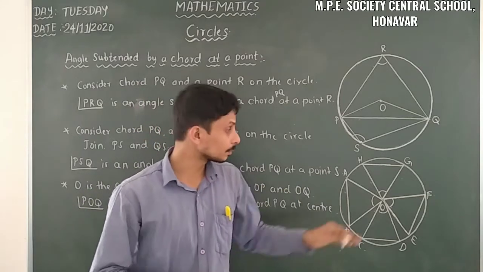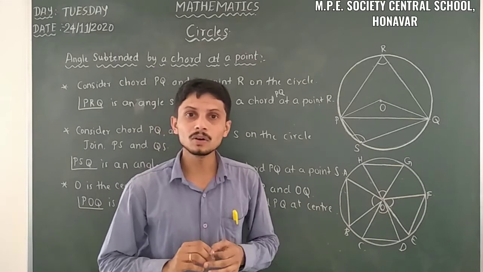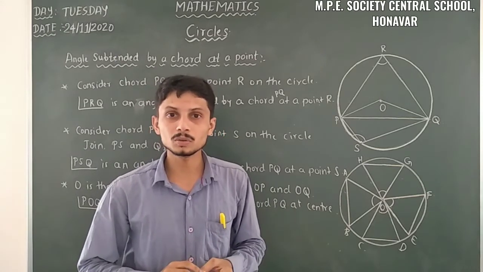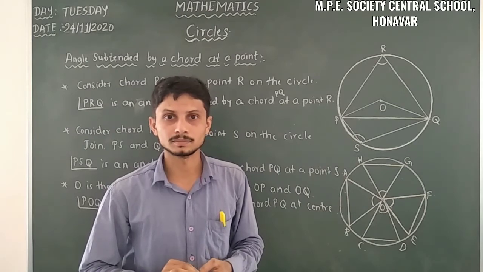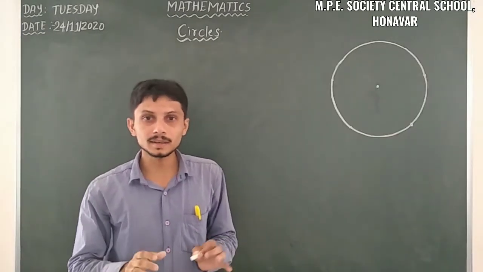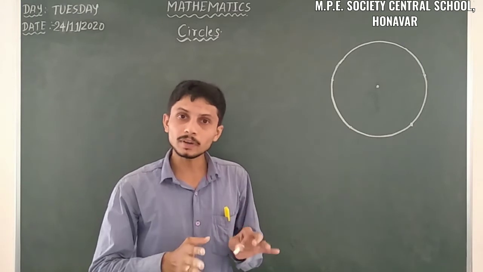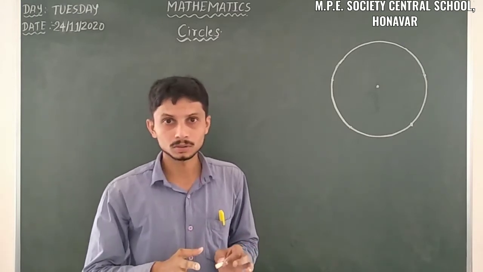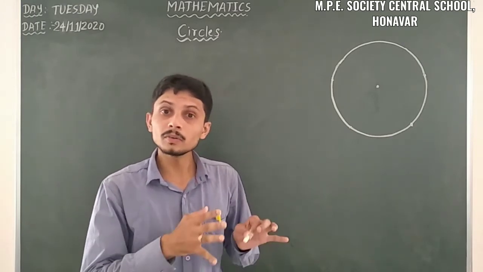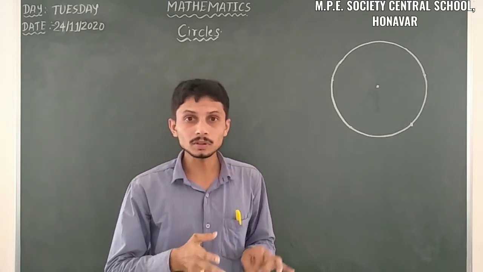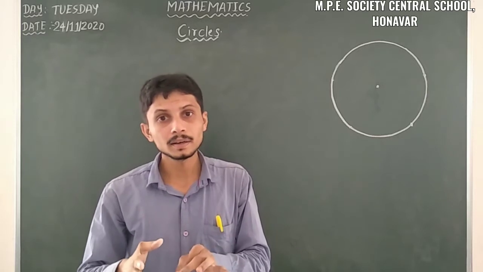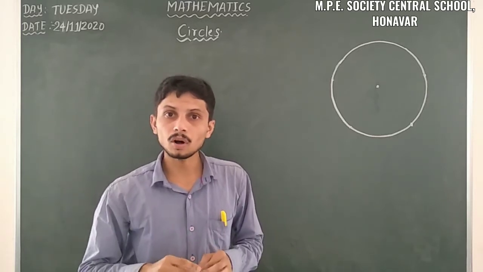Based on these things, we have one theorem. We have to move on to theorem 10.1. Here we already know about chords, we are dealing with equal chords, and we also know about angle subtended by a chord at a center.